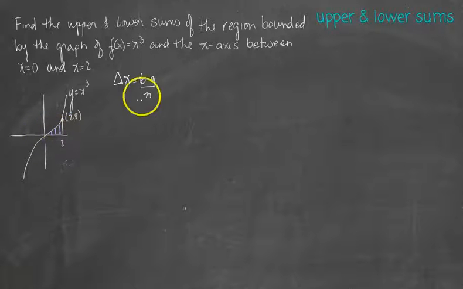So the whole length divided into n partitions. In this case, I'm looking at 2 minus 0, and I want 4 partitions, so n equals 4. So 2 minus 0 divided by 4 is 2 divided by 4, which is 1/2.